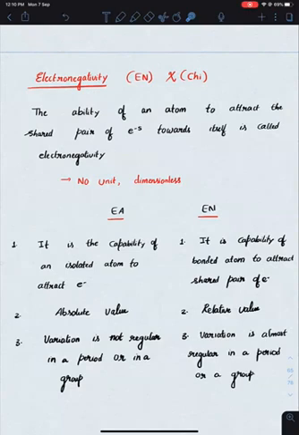Electronegativity comes into picture only in case of bonding. And electronegativity is a relative value. It has no units. It is dimensionless. Electron affinity has an absolute value, and the units are electron volt per atom or kilojoules per mole, kilocalories per mole, etc.